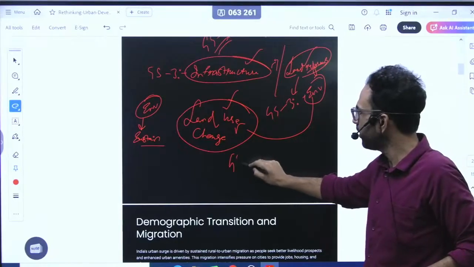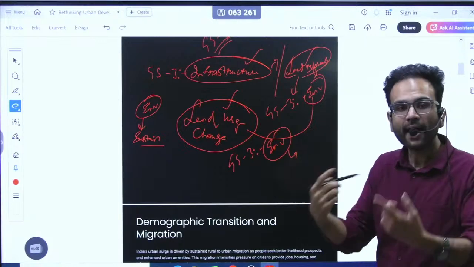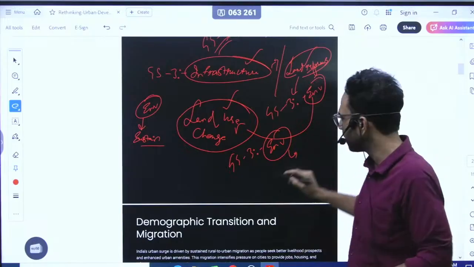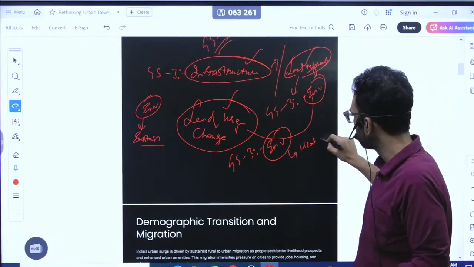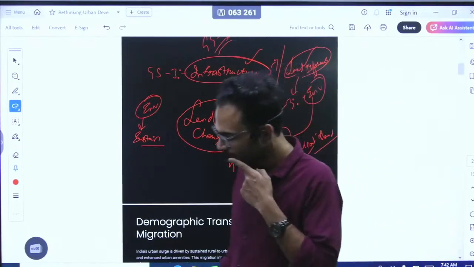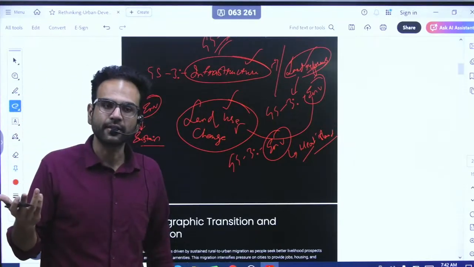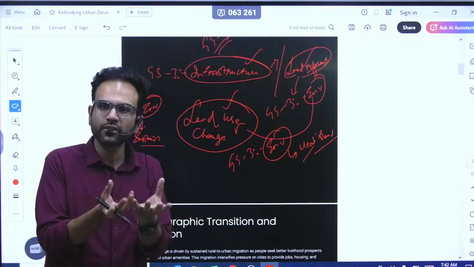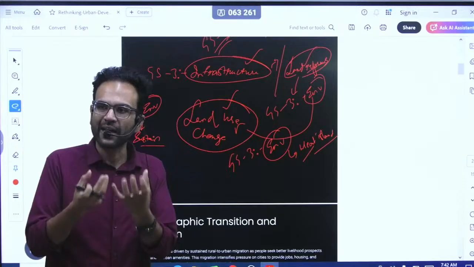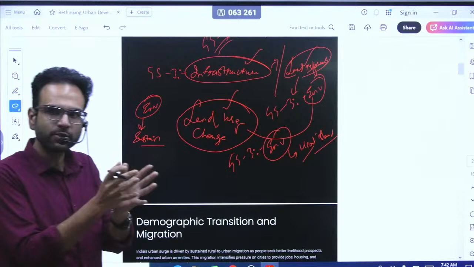Again, GS3, environment. We'll also talk about the impacts of urbanization on environment. For example, heat island effect. Okay? You are witnessing a concrete jungle where the ambient temperatures are significantly increasing. Heat is getting trapped within small islands and that is causing microclimatic aberrations in only a small set of geography.